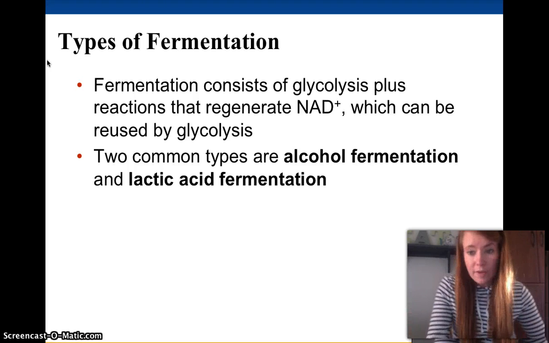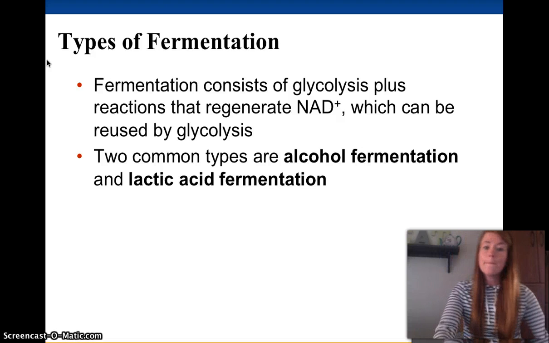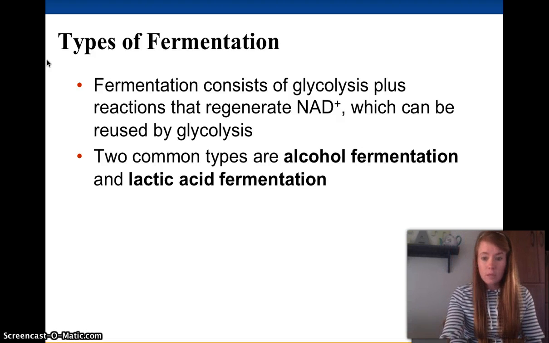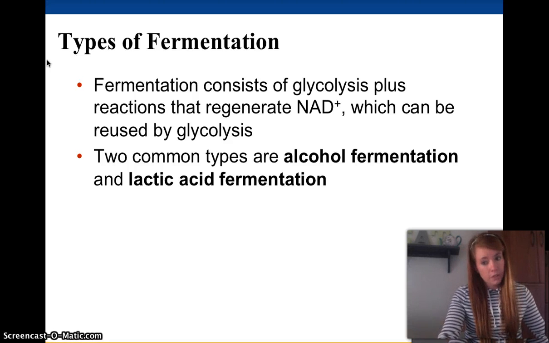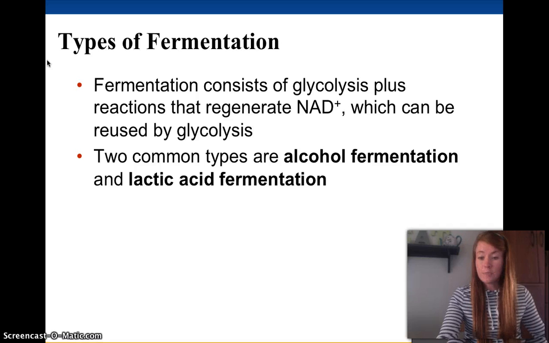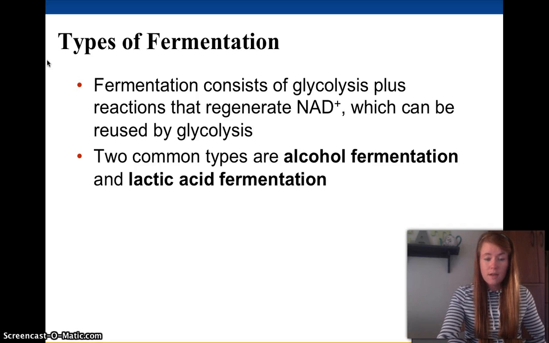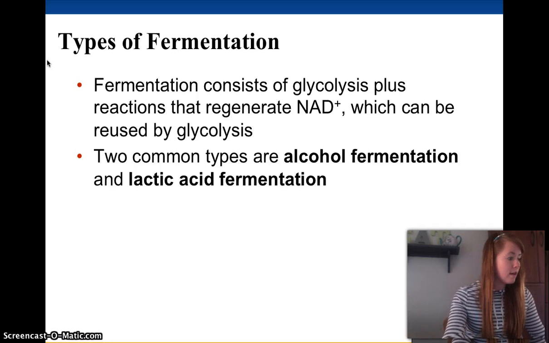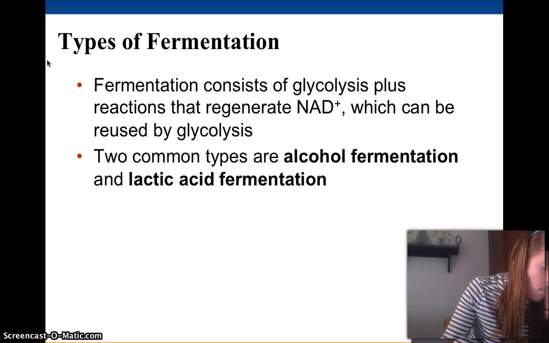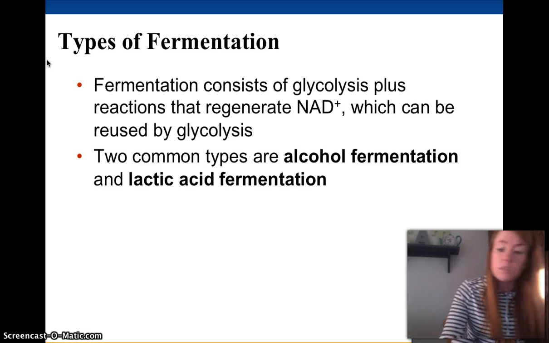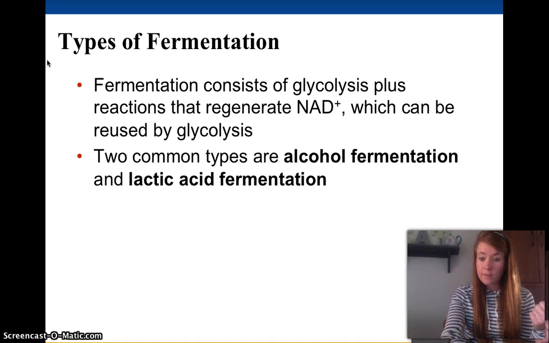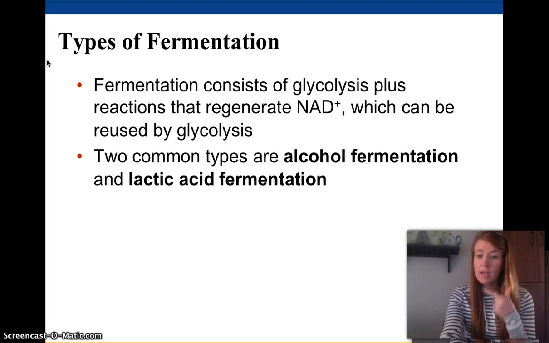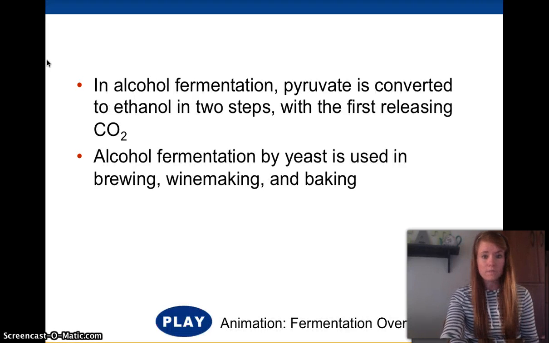So what we have to do is find a way to turn NADH back into NAD+, which can then be used again by glycolysis to make 2 ATP via substrate level phosphorylation. There's 2 kinds of fermentation: alcoholic fermentation and lactic acid fermentation. These 2 things differ in the way that they regenerate NAD+.